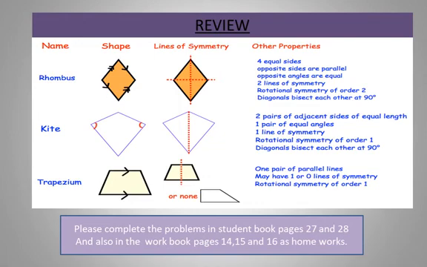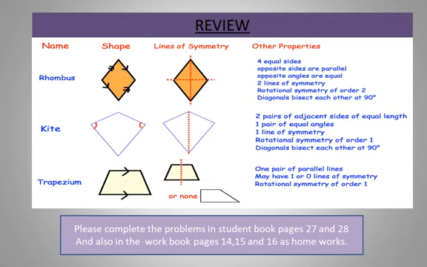It has only order 1 rotational symmetry, because it will match the shape only one time if we rotate it through 360 degrees. Okay, so what are the other properties? 2 pairs of adjacent sides of equal length, 1 pair of equal angles, and diagonals bisect each other at 90 degrees.